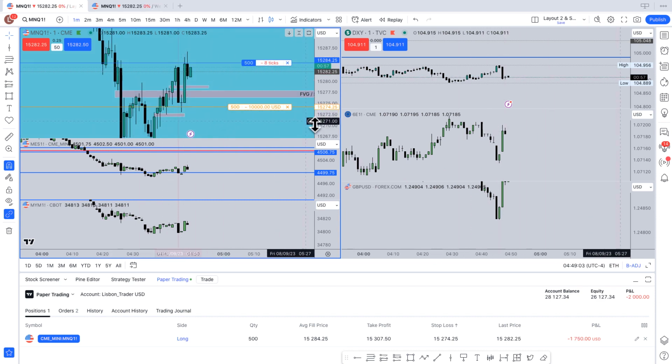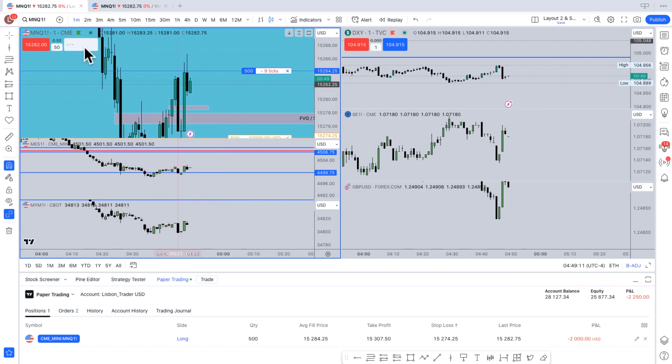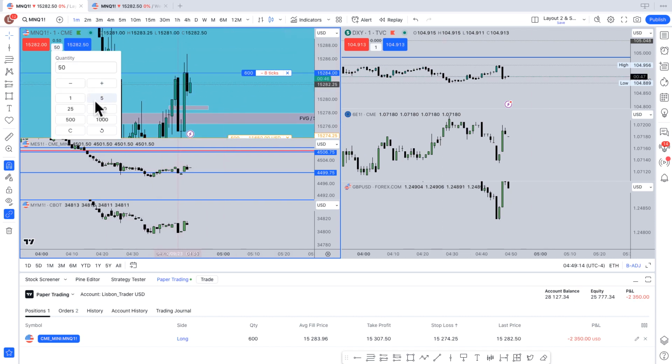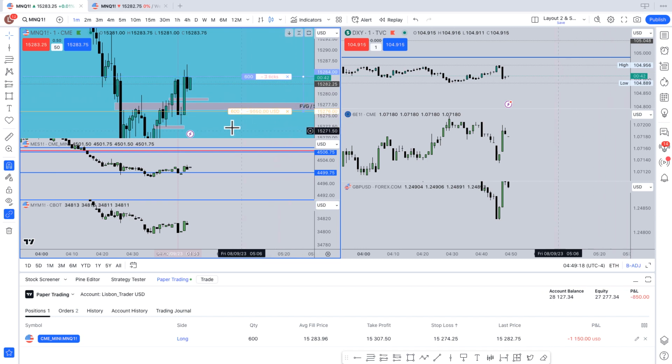So they respected this volume imbalance, which means higher. And they are respecting this fair value gap.